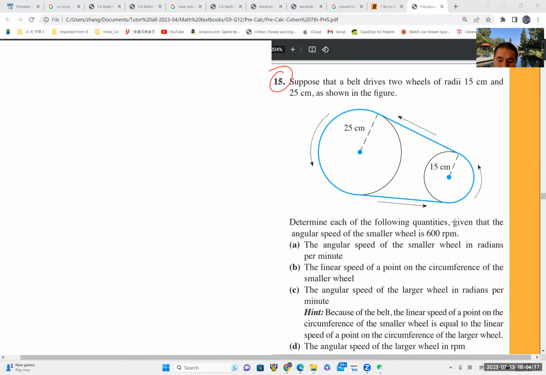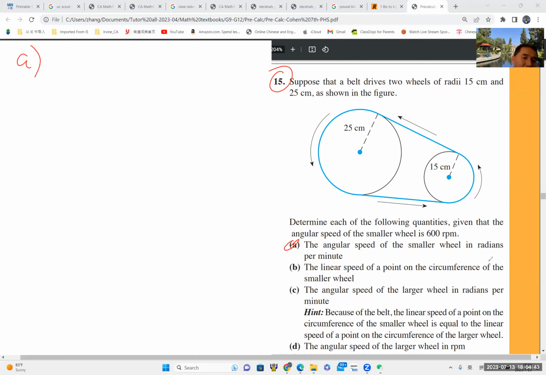Determine each of the following quantities given that the angular speed of the smaller wheel is 600 RPM. First, the angular speed of the smaller wheel in radians per minute. So A, suppose not too hard, right?